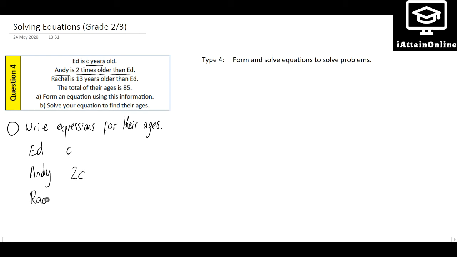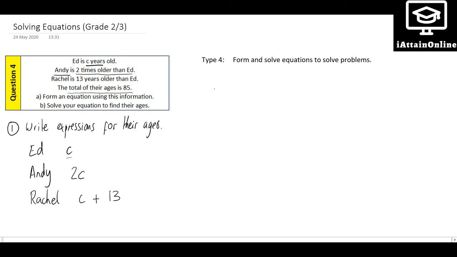And then finally, Rachel is 13 years older than Ed. So if Ed is C, Rachel is going to be C, whatever C is, add 13. Now we're told that the total of their ages is 85. That means if I added Ed's age, Andy's age and Rachel's age, I would get 85.